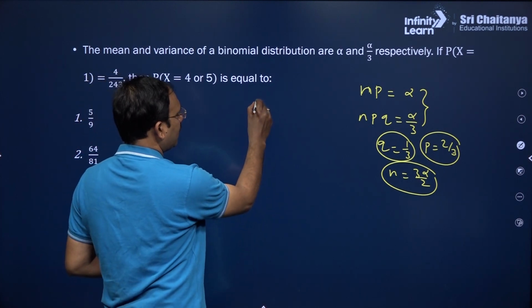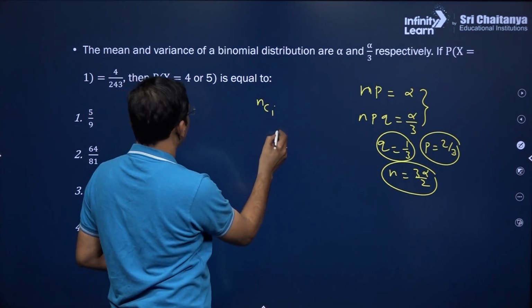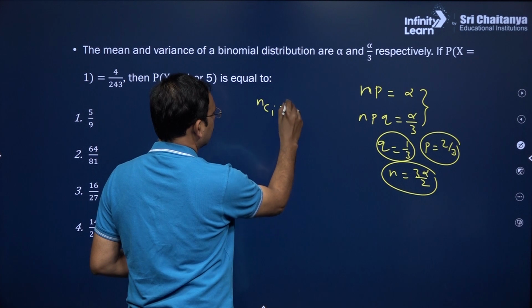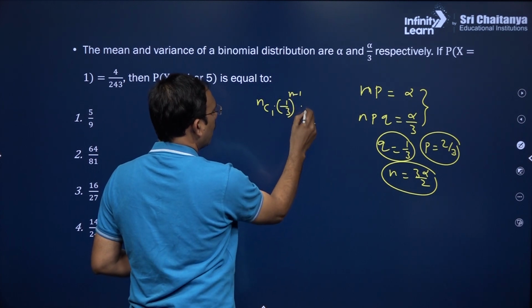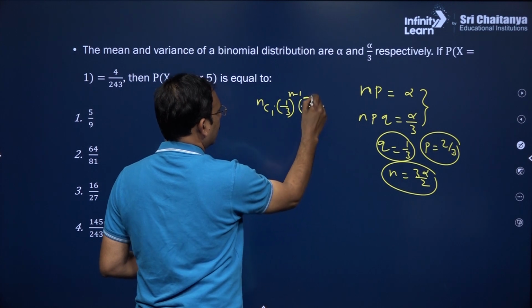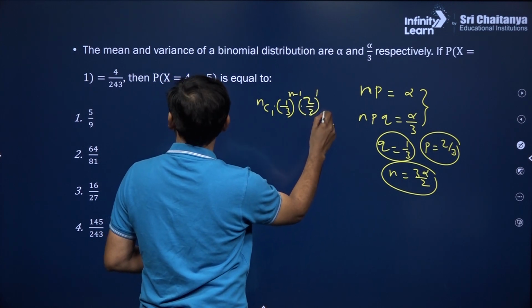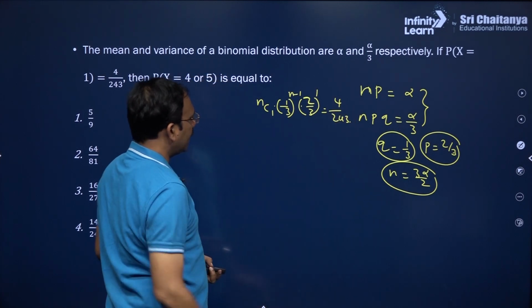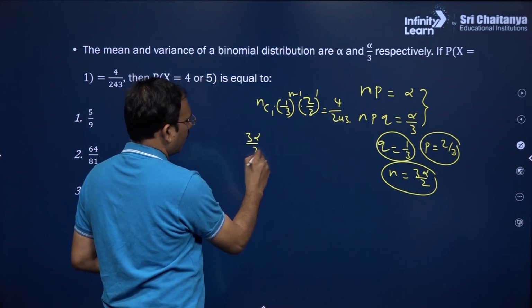P(x = 1) means, my dear friends, nC1 into q to the power of n minus 1 into p to the power of 1 is given as 4 by 243. n is, you can say, 3 alpha by 2.